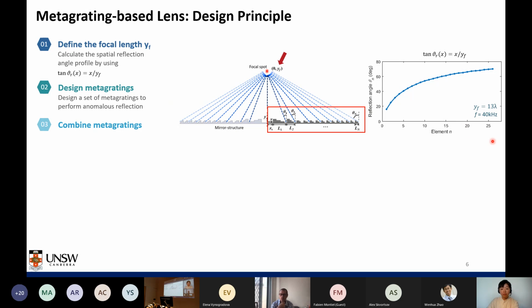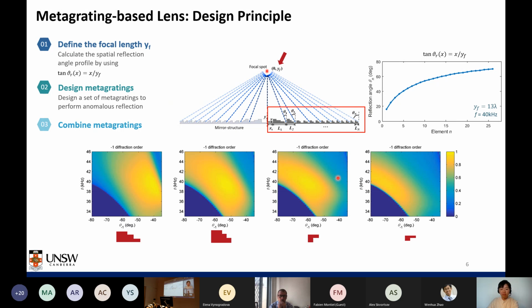So to perform this angle manipulation, we apply the metagrating concept, which locally varies the diffraction angles along the metalens. Here we propose a multi-layer step meta-atom, which can be analytically optimized by using the genetic algorithm to form the local metagratings.